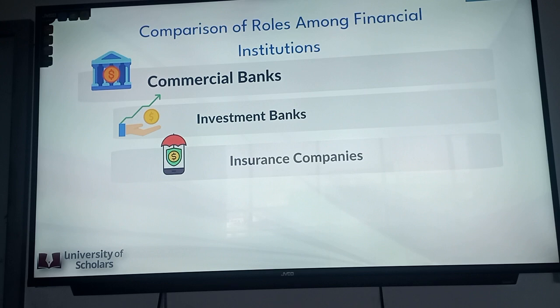Their secondary role is to invest the collected premiums in bonds, stocks and other financial instruments to earn a return. Basically, they invest the collected premiums in bonds, stocks and other financial instruments to earn a return, managing those risks through the sale of insurance policies covering various aspects from life and health to property and casualty as well.